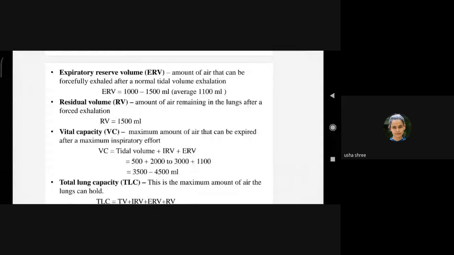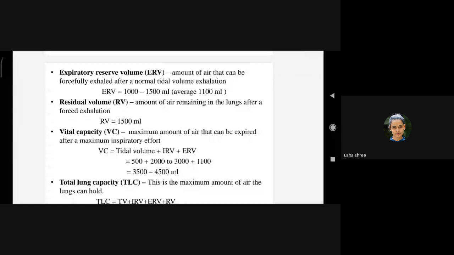Then what is the amount? 500 is tidal volume, 2000 to 3000 is inspiratory reserve volume, and expiratory reserve volume is average 1100. Now, do the calculation. It is 3500 to 4500 ml. This is the vital capacity of lungs.